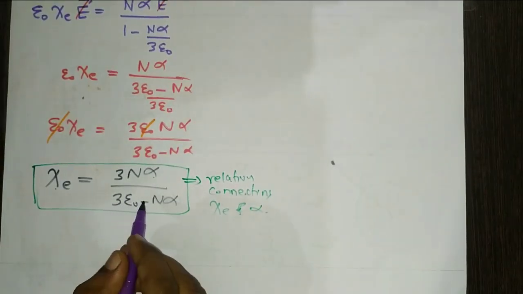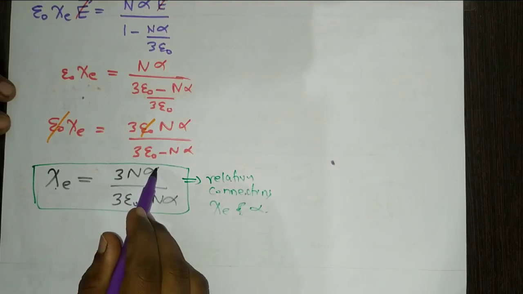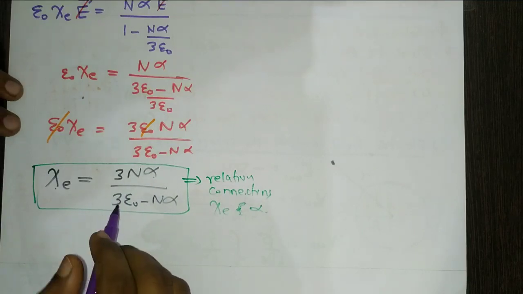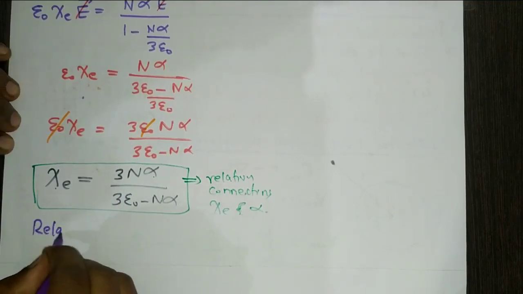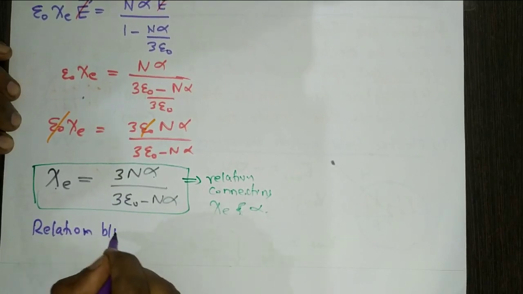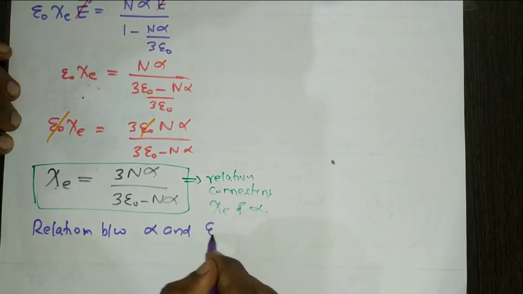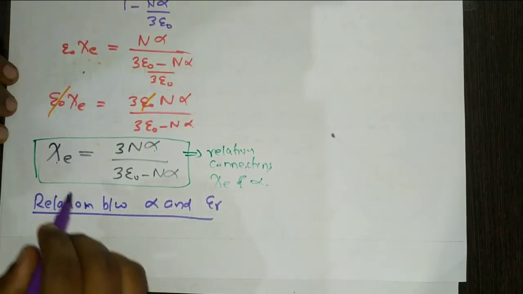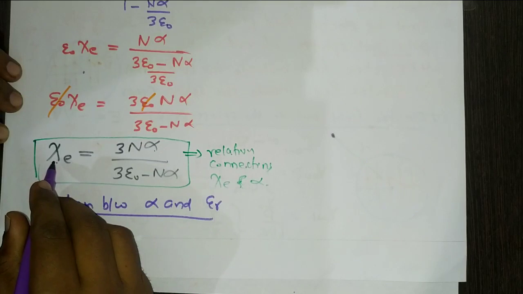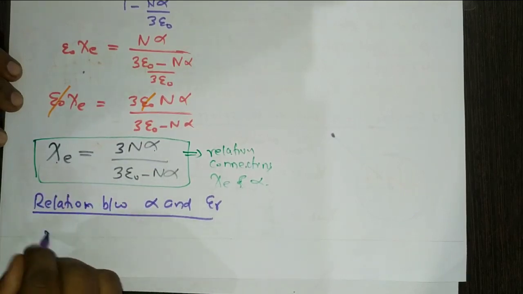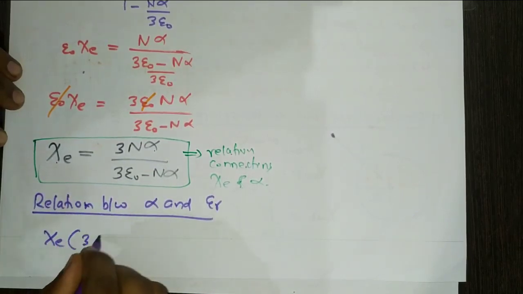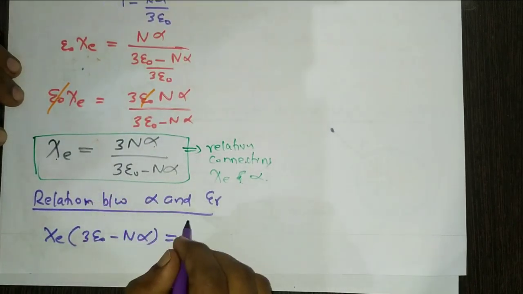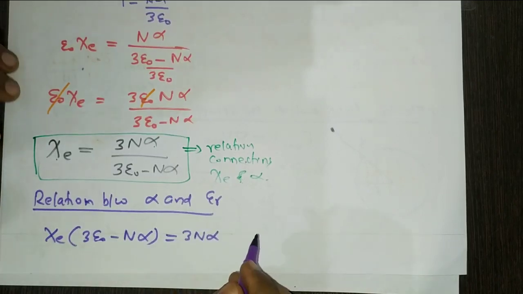Now we are looking for the relation connecting atomic polarizability alpha and dielectric constant epsilon r. Relation between alpha and epsilon r. Here you multiply this quantity to the left side: chi E into 3 epsilon 0 minus N alpha is equal to 3 N alpha.